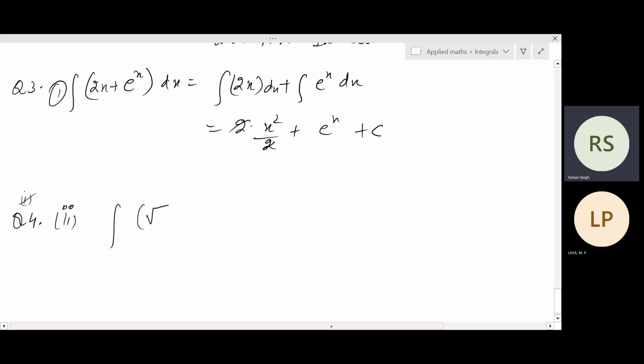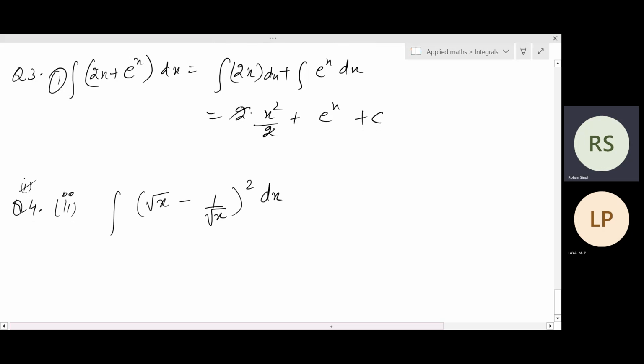We have (square root of x minus 1 over square root of x) whole squared. Whenever we simplify this, the 2ab term will cancel out these two x's. So it's good to open this. Let's expand this. We'll have square root of x squared, which will become x, plus the second term's square, which will become 1 over x, and then minus 2 times these two terms multiplied, which cancel out.